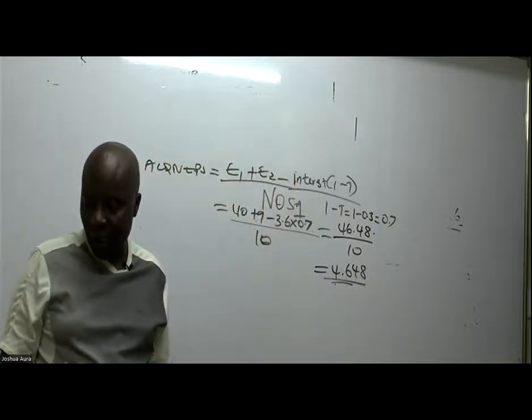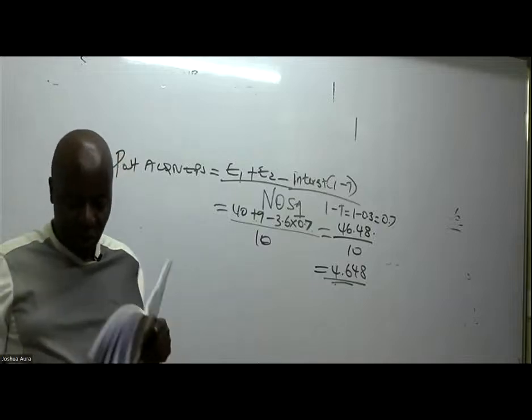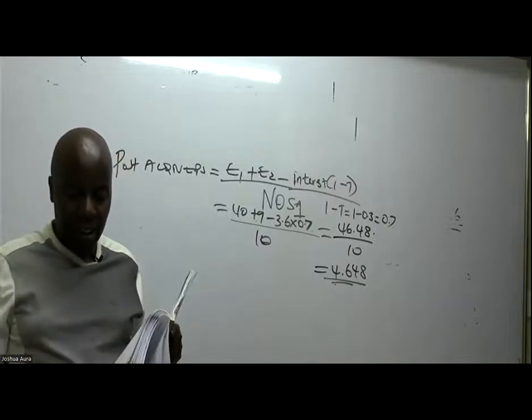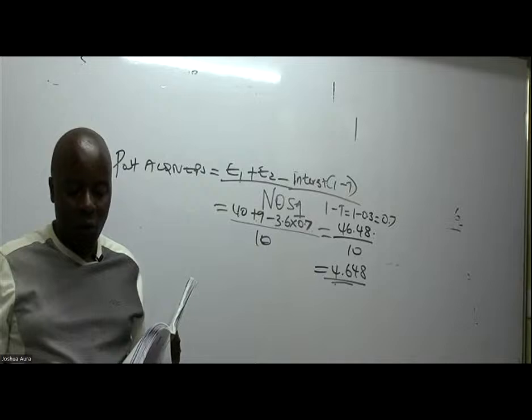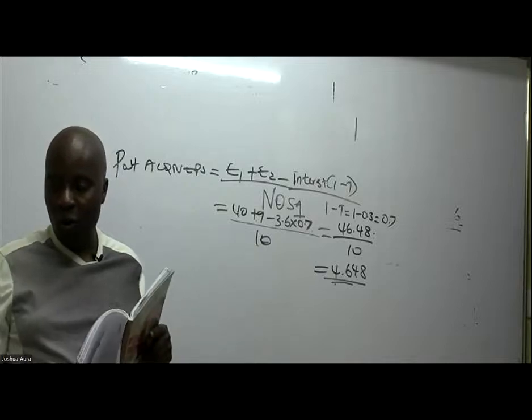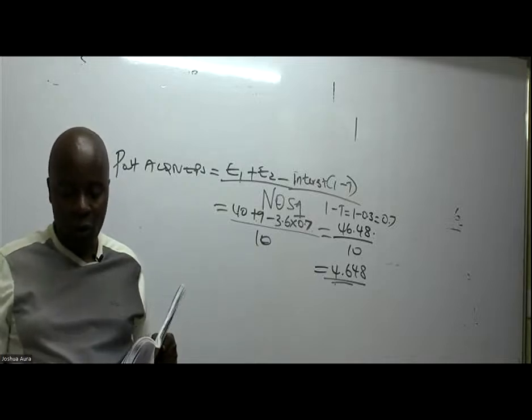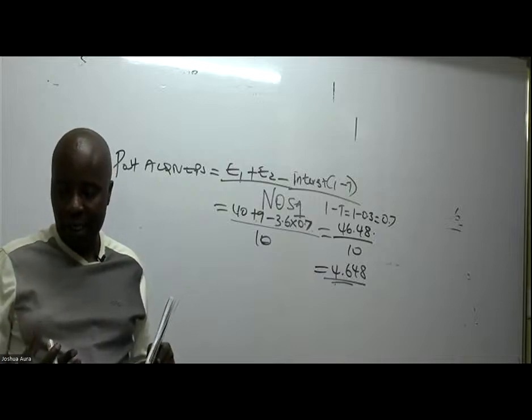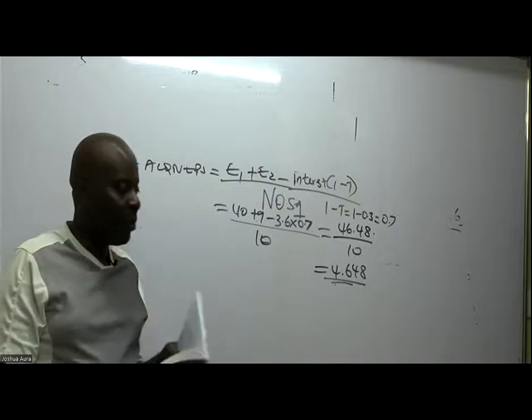Lucy, I'm not able to understand your question. Interest is not 30%. 30% is the tax. If I want to get interest, it has been given in note 4, question 4, where they have given us that interest is 12% of the total debt. We were able to calculate total debt.